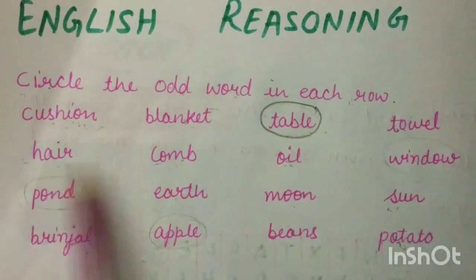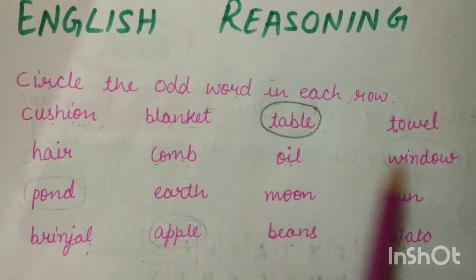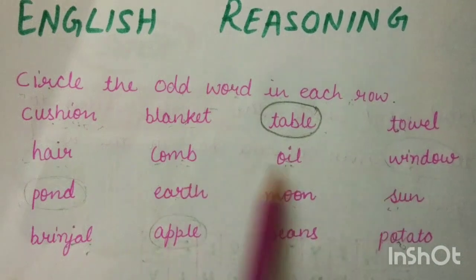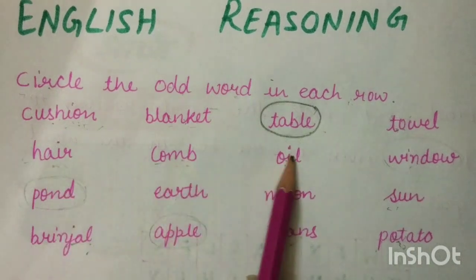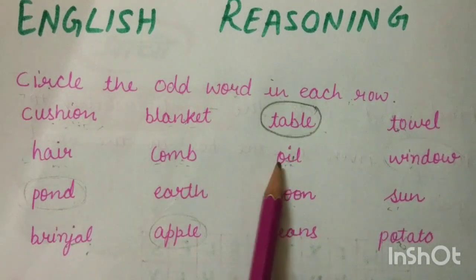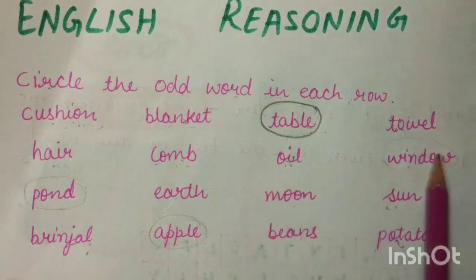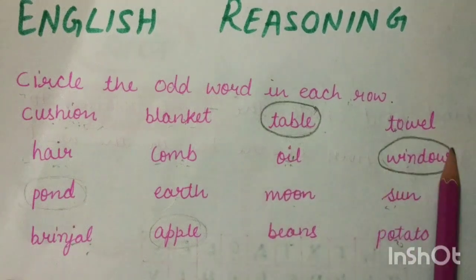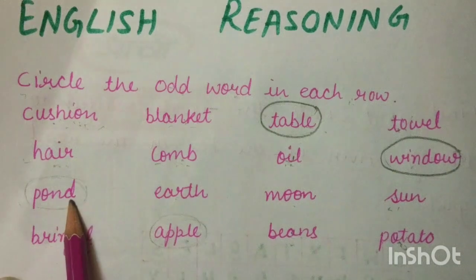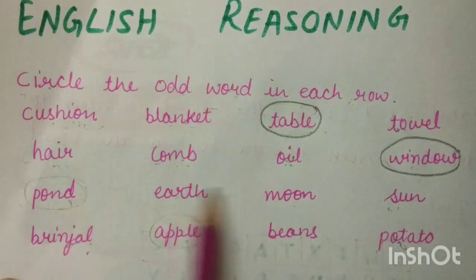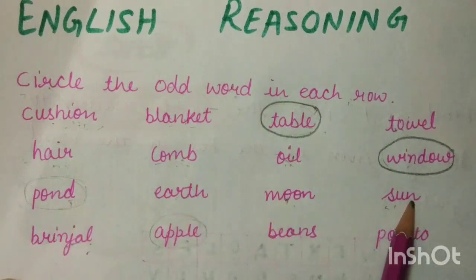Second, hair, comb, oil, window. Hair, comb and oil are related in such a way, and window is different. Same like that, in third, pond, earth, moon and sun is given.